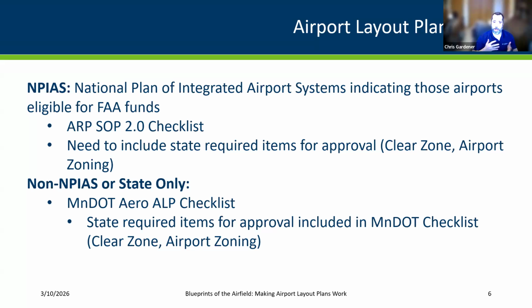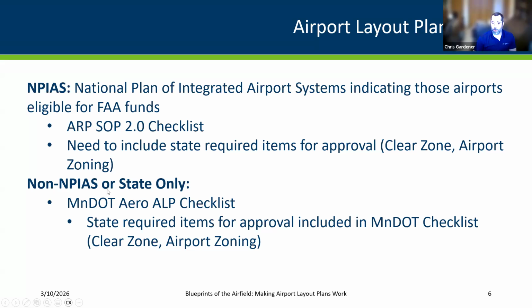So specifically for a NPIAS ALP, there is the ARP SOP 2.0 checklist. But from a state perspective, we also have some additional items that need to be included from the state standpoint in order to receive that state approval. Some of those additional items include the clear zone and airport zoning, as well as state revision blocks.